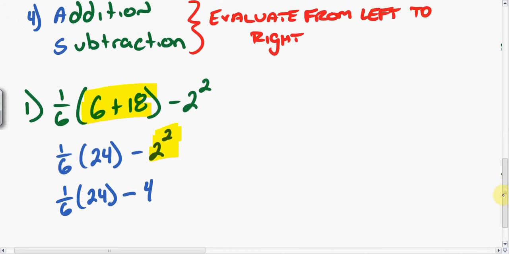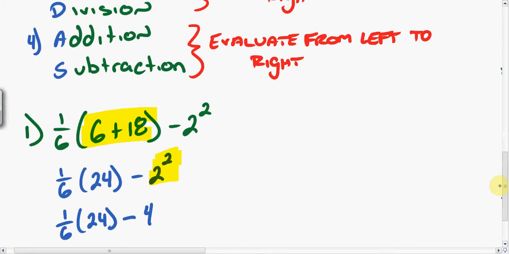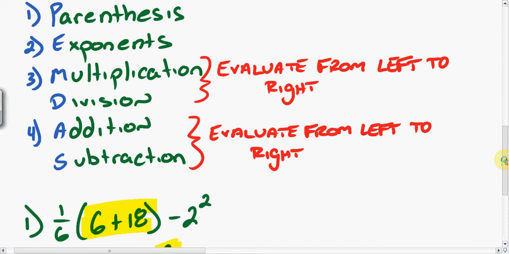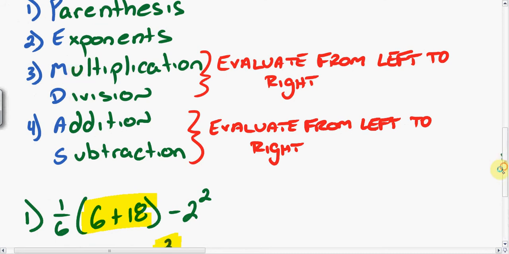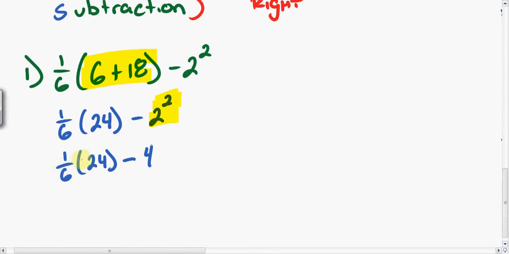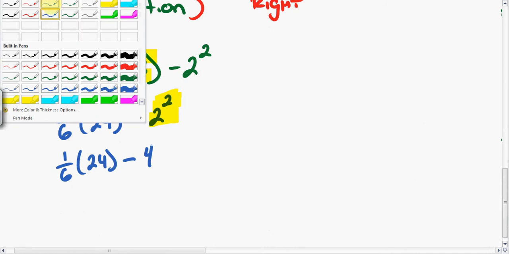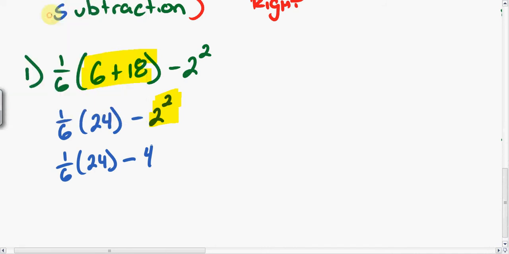Alright, so now I've got multiplication and division. That's the next group. So I've got a fraction here, which is going to be multiplied by the 24. So 1/6 of 24 is, sometimes it's hard to do that in your head, so you can think about this as 2 fractions actually, and you would just multiply across.